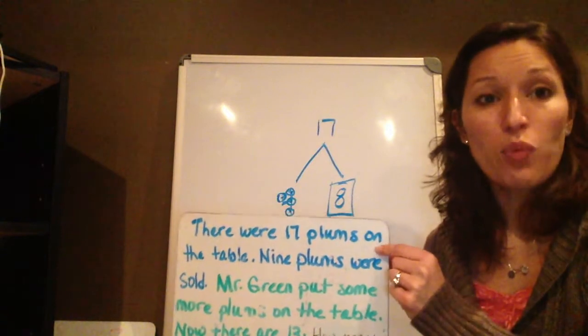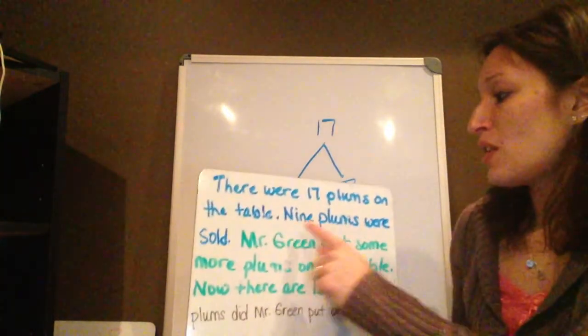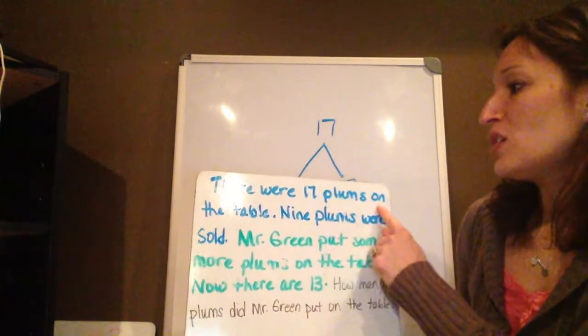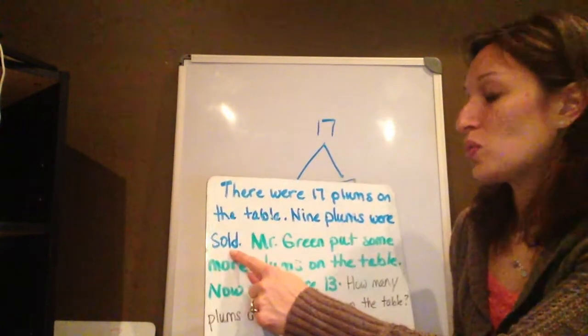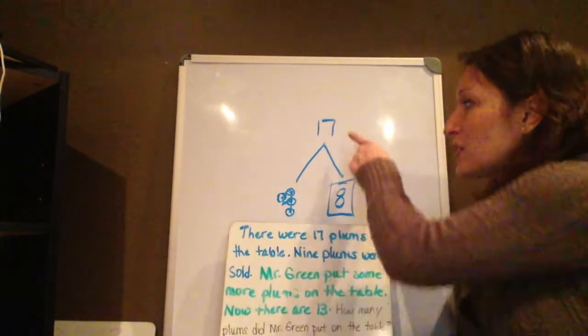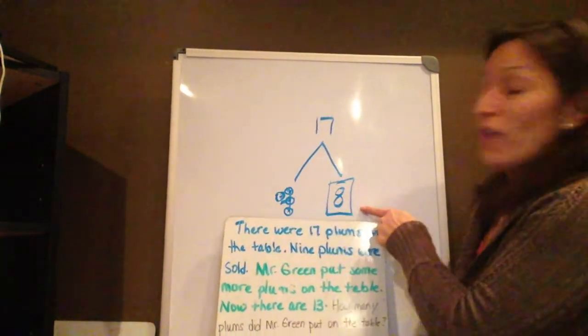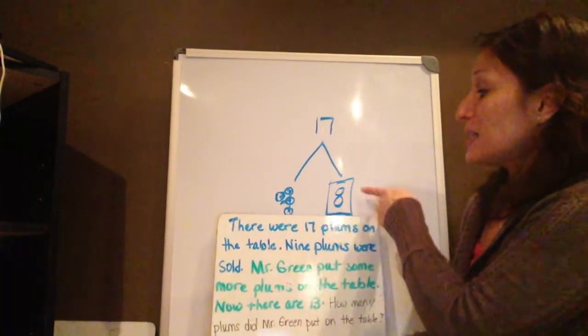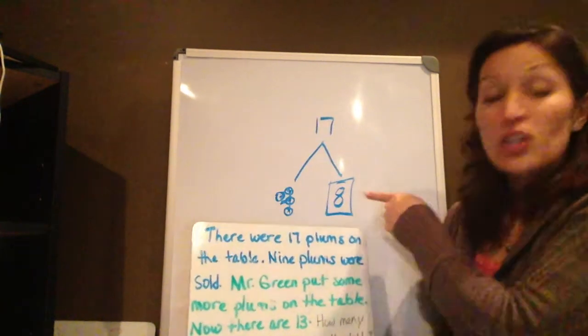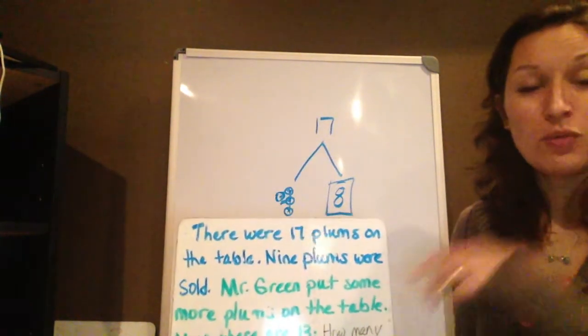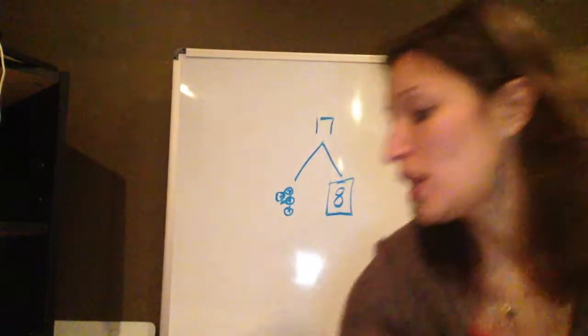So we've done step 1, and the question told us there were 17 total and 9 plums were sold. So if 17 is our big guy total, 9 of them were sold. When we found our missing part, what we were finding is how many he had left. So let's label our Math Mountain to help us keep track of which number means which thing.